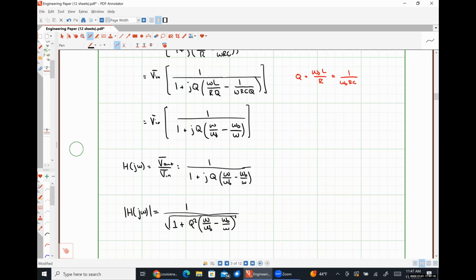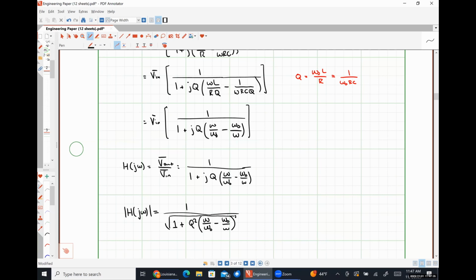So effectively, the magnitude of the real part squared plus the magnitude of the imaginary part squared, and the square root of the whole thing. That's just the Pythagorean theorem, taking the magnitude of a complex number. Nothing particularly wild or crazy there.